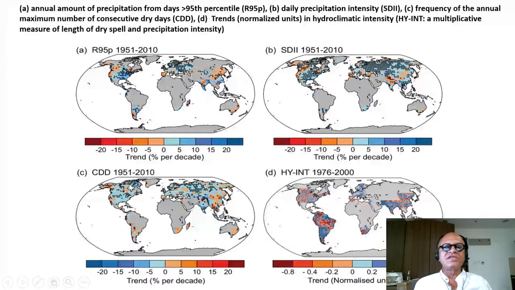Okay, so CDD, the annual maximum number of consecutive dry days, the number of days it doesn't rain. So you can see that there are decreasing trends in some places, and increasing consecutive dry days in some other regions. Okay, and this is hydroclimatic intensity, so it's trends in normalized units. It's a multiplicative measure of the length of a dry spell and precipitation intensity.